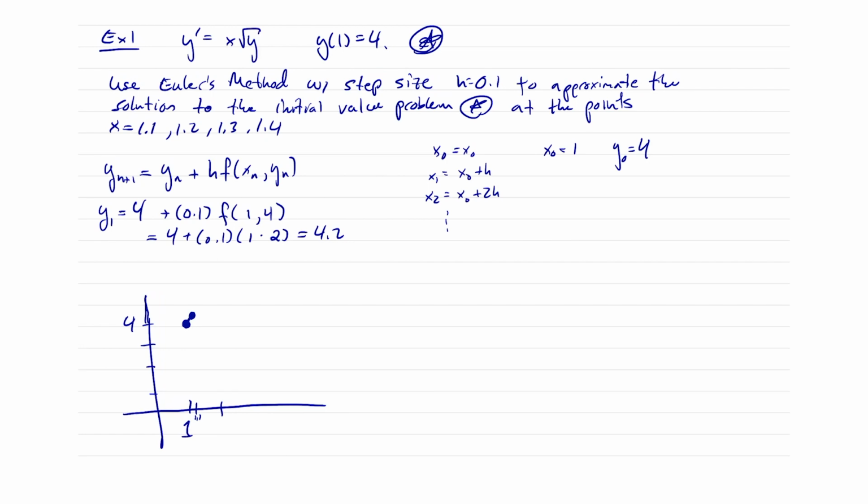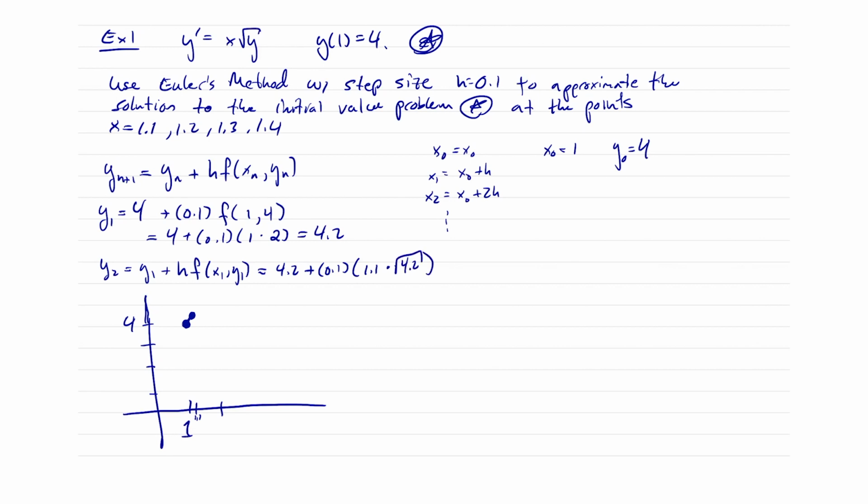Now let's see the next one. Let's take a look at y2. y2 is going to be y1 plus h times f of x1, y1. That's going to be 4.2 plus 0.1 times f of 1.1, 4.2, which is 1.1 times the square root of 4.2.